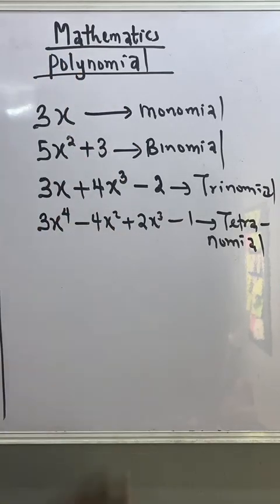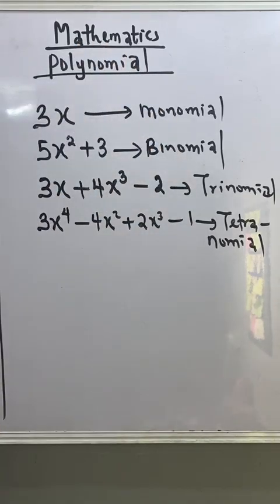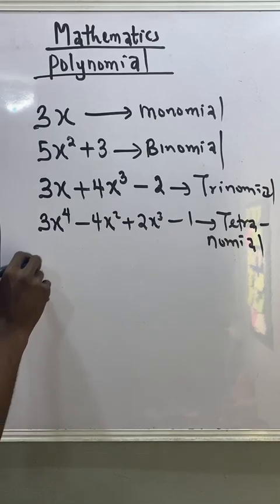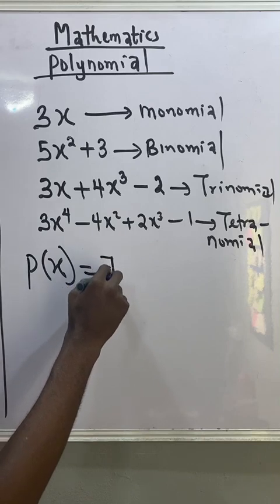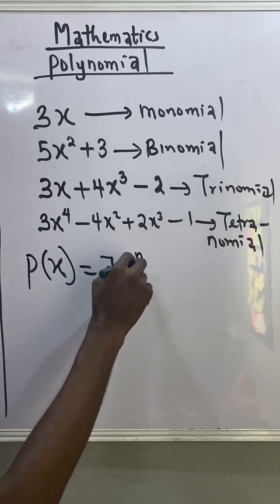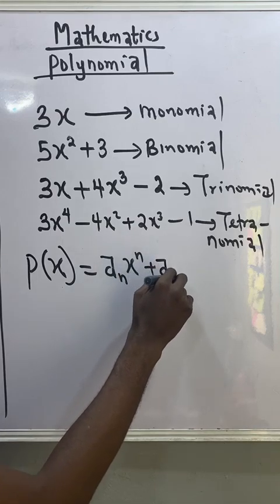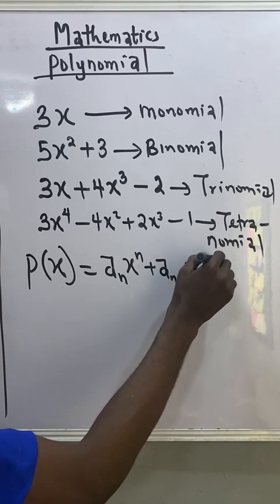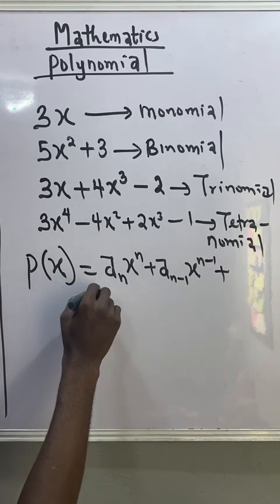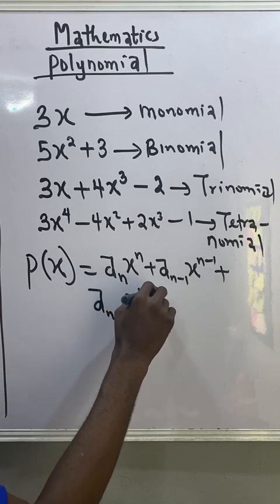Now, before I round up this class, all polynomials, the ones you can see on the board, conform to a general polynomial formula. Let's call it P of x equals a_n x raised to the power of n plus a_(n-1) x raised to the power of n minus 1 plus a_(n-2) x raised to the power of n minus 2.